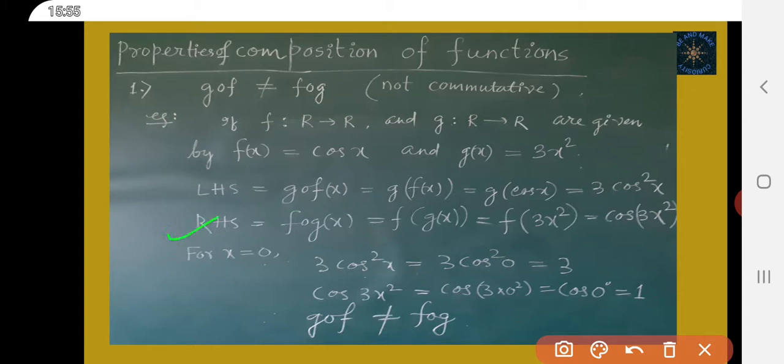Now RHS, FOG of X is F of G of X. G of X is here 3x square.